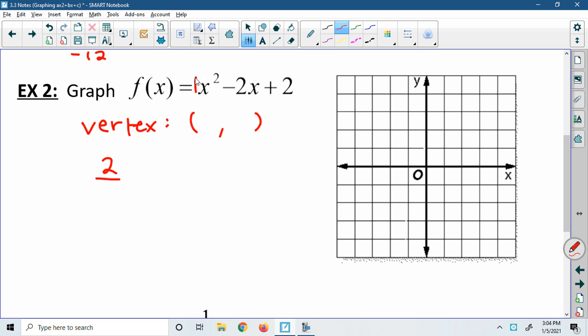Well, our a number is just a 1 in this case. 2 times the a number would be 2. So the x-coordinate of our vertex is 1. I went ahead and plugged a 1 in for all the x's on my calculator, and it gave me 1 for the y-coordinate. So we know the vertex is 1, 1.